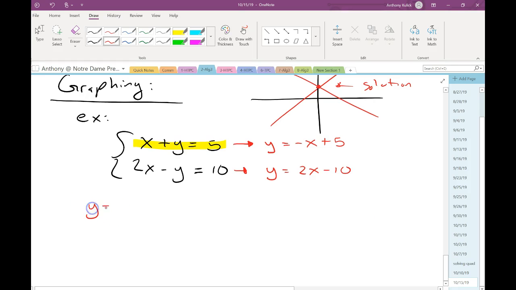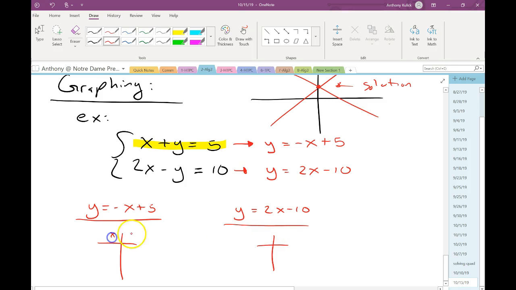Okay. So what I'll do then is I'm going to graph each of these two. How many points do I need to graph a line? Just 2, right?